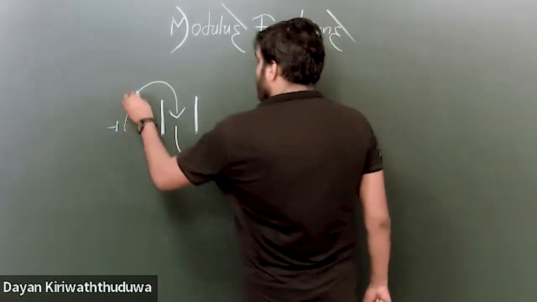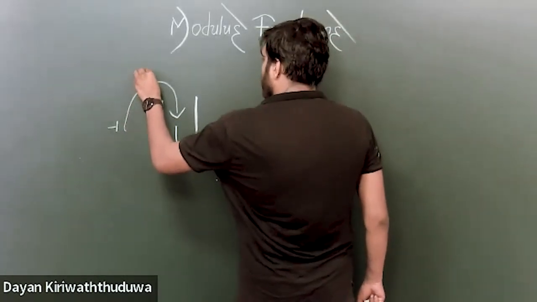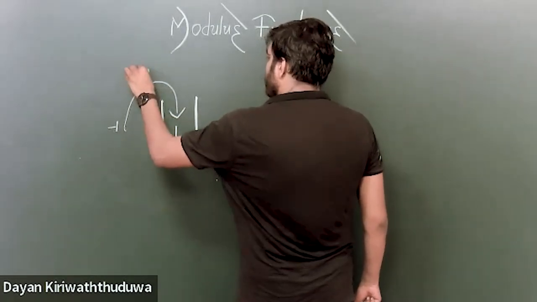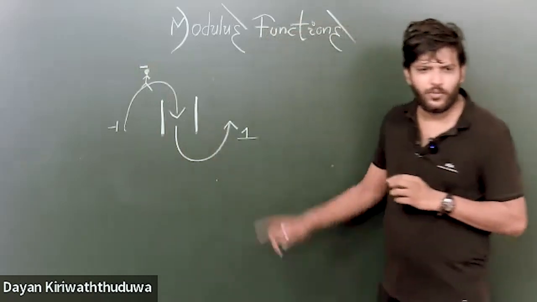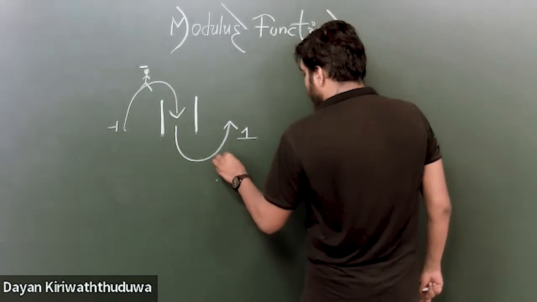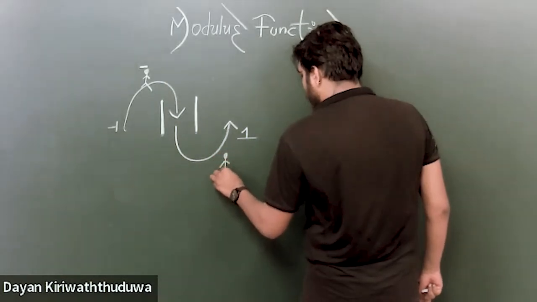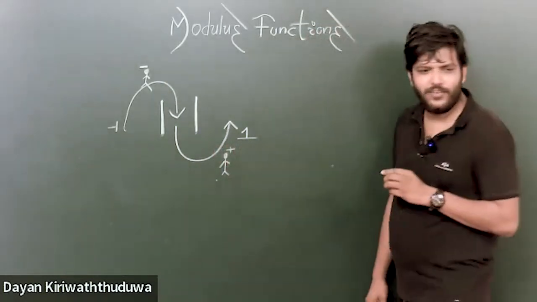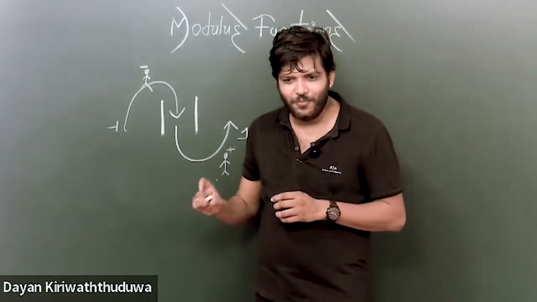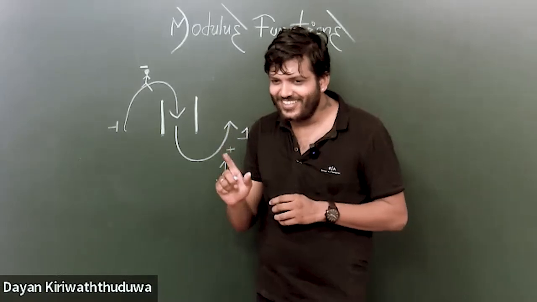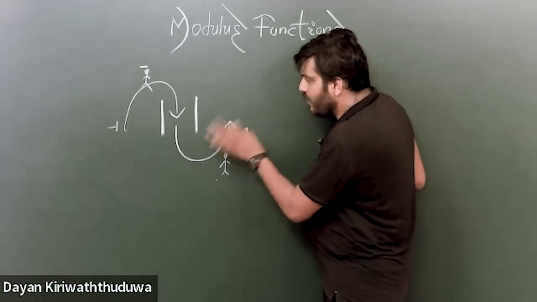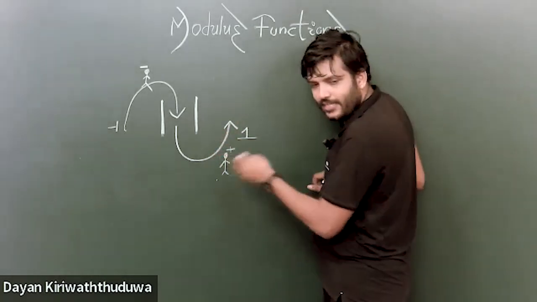And you put a sad human being, minus, you get a happy human being. Modulus function, right? Technically speaking, that's the nature.